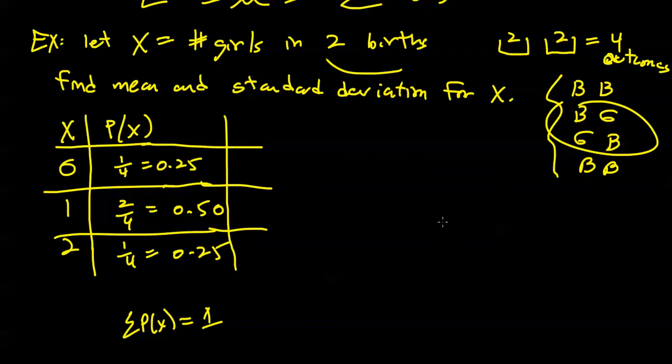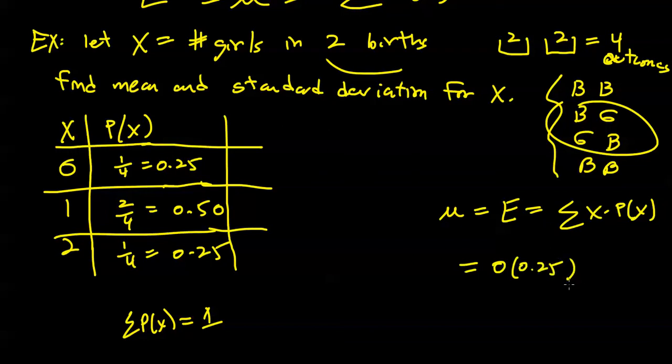Now I'm going to find the mean. The mean equals the expected value, which is summation x times p of x. Alright, so I'll take each x value, multiply it by its associated probability. X equals 1 with 0.5 probability, plus x equals 2 with 0.25 probability.